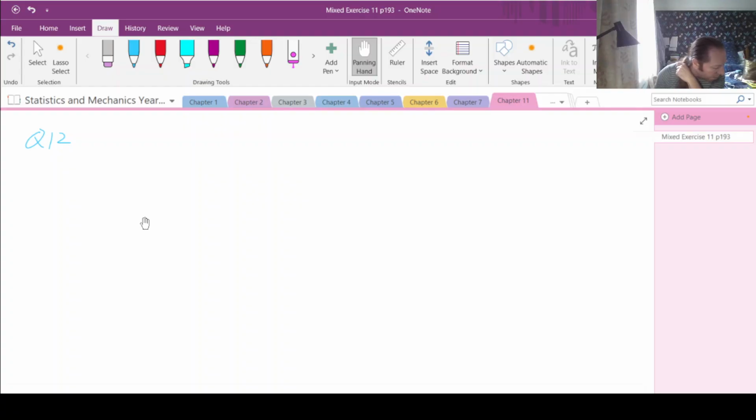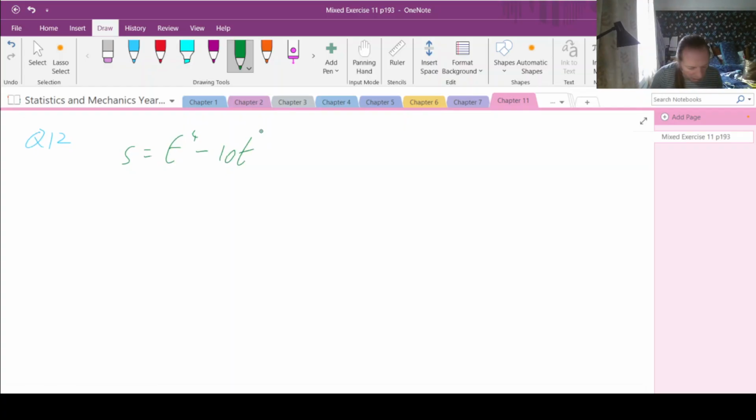The distance of the mouse S from its hole at time t minutes is given by S equals t to the 4 minus 10t cubed plus 25t squared, for t between 0 and 5 seconds.